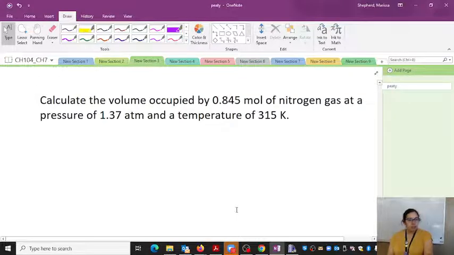So now let's do a practice. Calculate the volume occupied by 0.845 moles of nitrogen gas at a pressure of 1.37 atm and a temperature of 315 Kelvin.